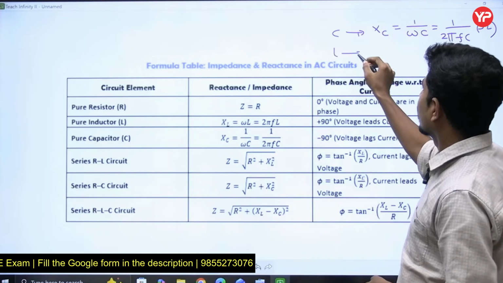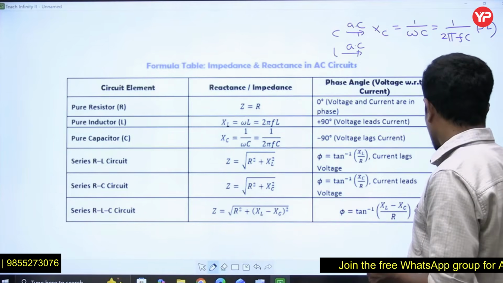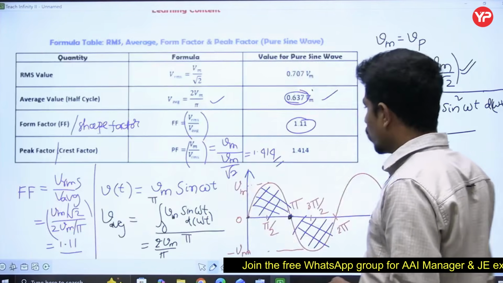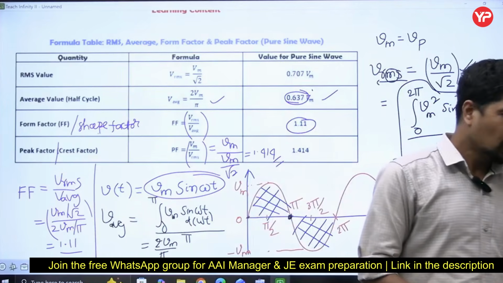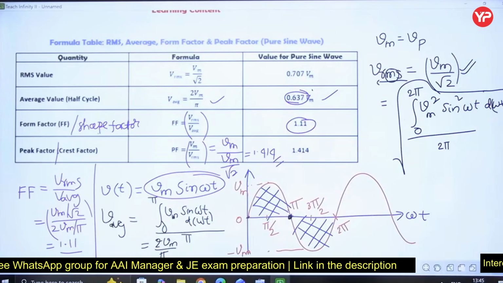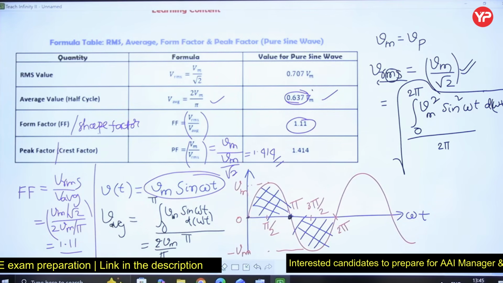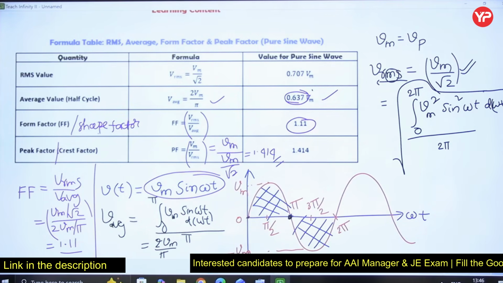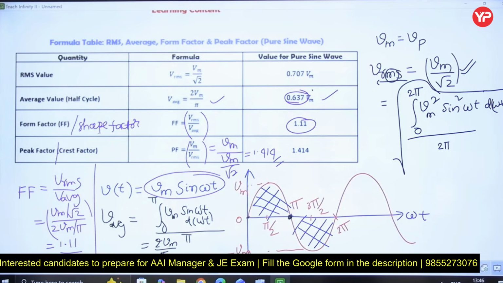If you take an inductor and apply AC, alternating means this Vm sin omega t kind of thing. It need not be sin omega t, it may be cos omega t also. What is the very difference between sin and cos? Just a phase angle of 90 degrees, not more than that, right?